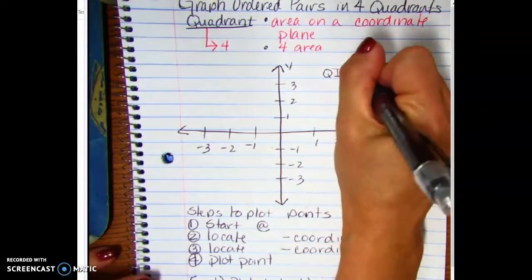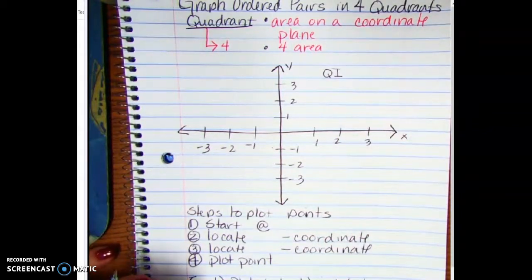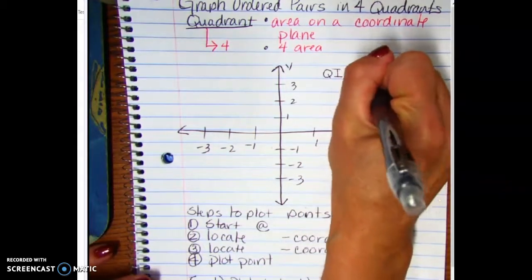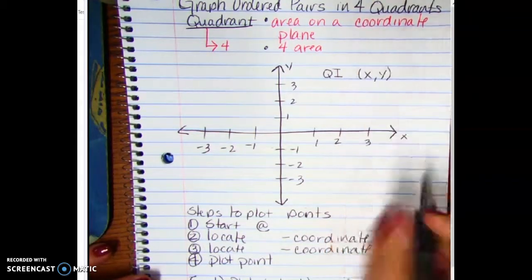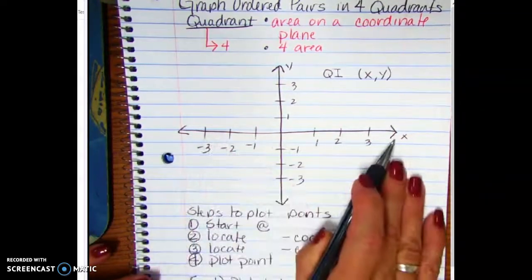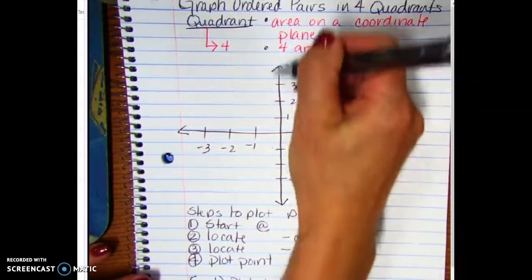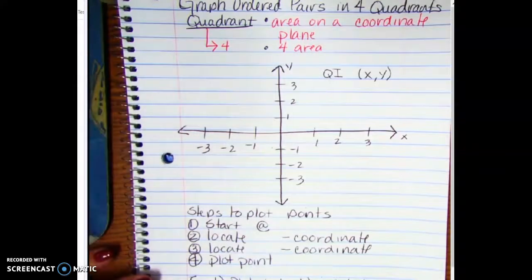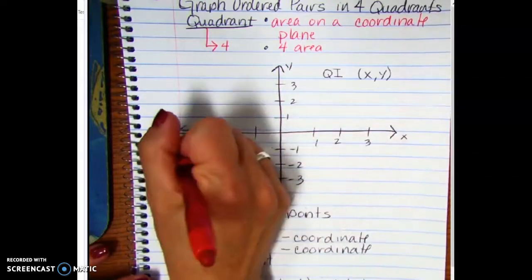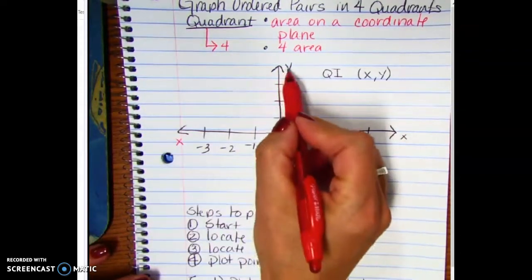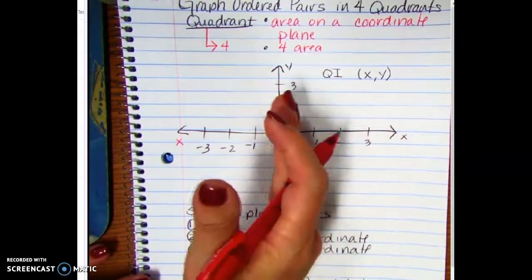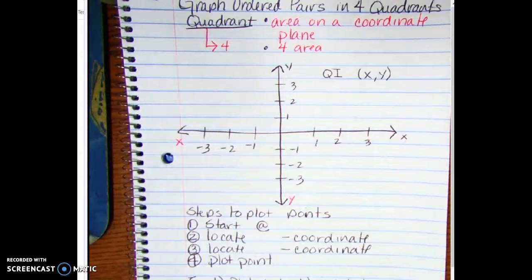Another thing we know is that when we are graphing points or locating ordered pairs, we look for the x, then the y. So anything that is on the horizontal line is x. Anything that is on the vertical line is y. If it helps you to remember, not only would you have x here, you can put x on this end. Not only should you have y here, it should be here because it's below 0 and to the left of 0.